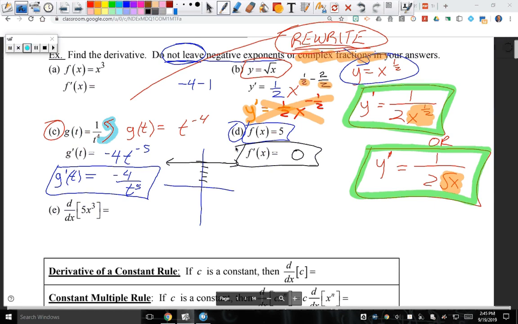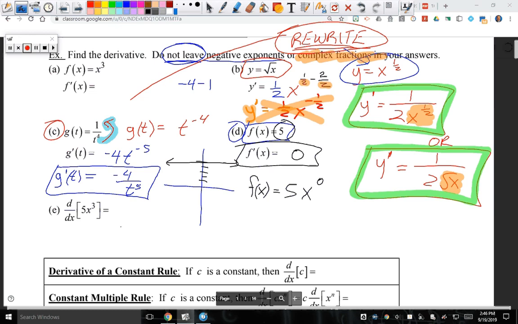Now, someone said it doesn't have an x. I like that one too, because technically what this is, it's 5 times x to the power of 0. Look at that, rewrite, manipulation. And I tell you these for reasons, because it's going to help you with other problems that are coming your way.